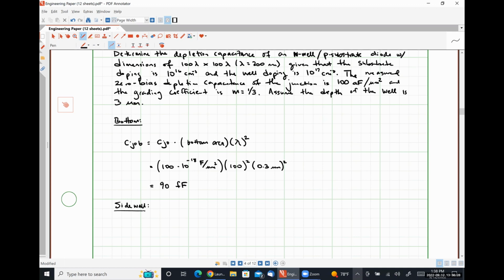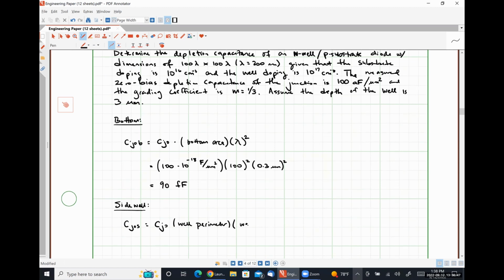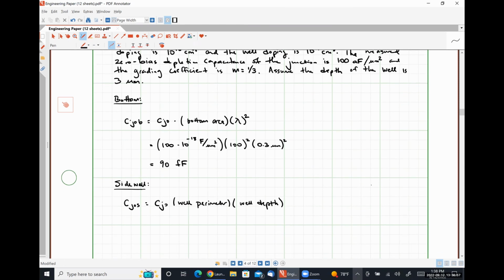Anyway, so for our sidewall, we're going to have CJ naught S is equal to CJ naught times our well perimeter times our well depth. So this is going to look like 100 times 10 to the negative 18 farads per micron squared.